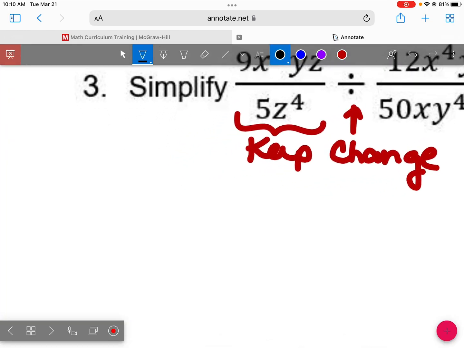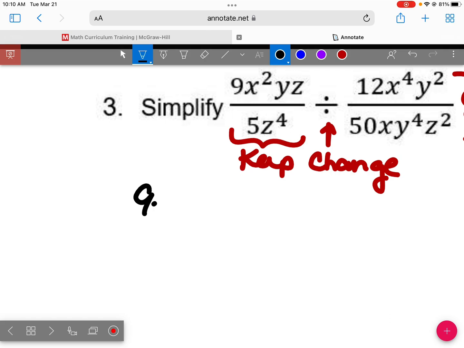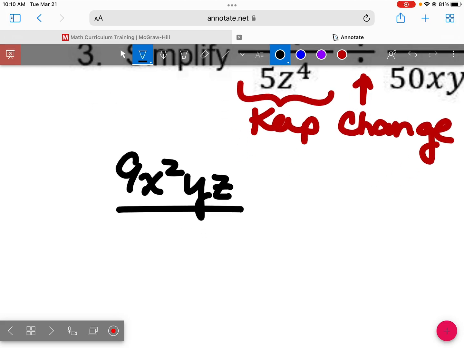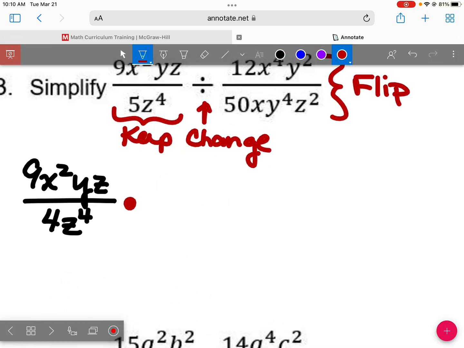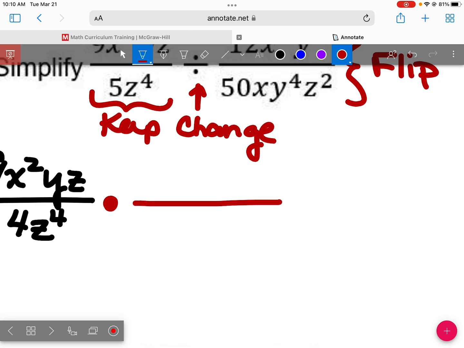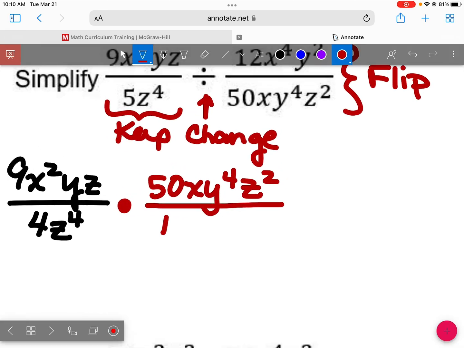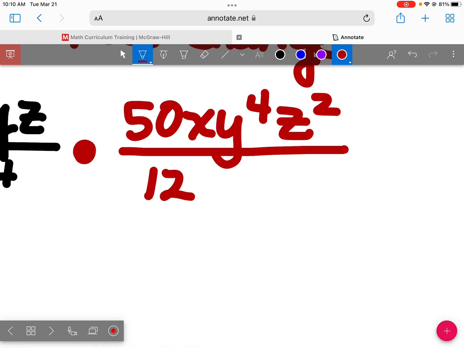So when I do my keep, change, flip, I would have 9x squared yz over 4z to the 4th times, because that changes, and then I flip this one. So 50x y to the 4th z squared over 12 x to the 4th y squared.